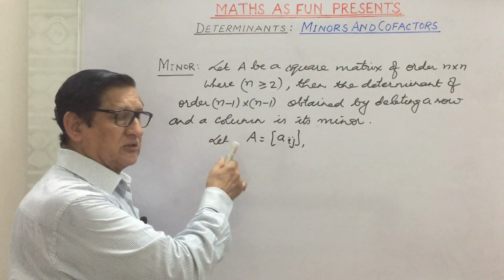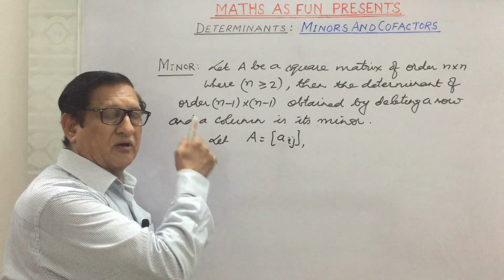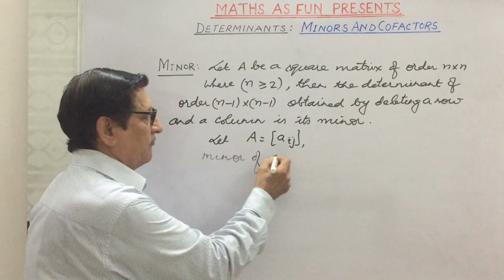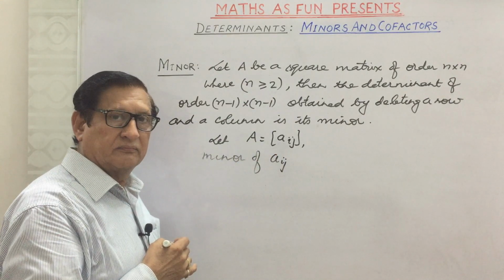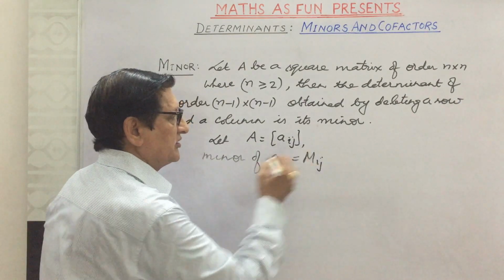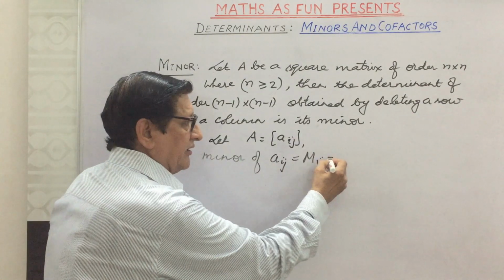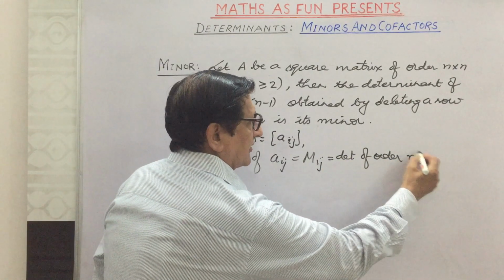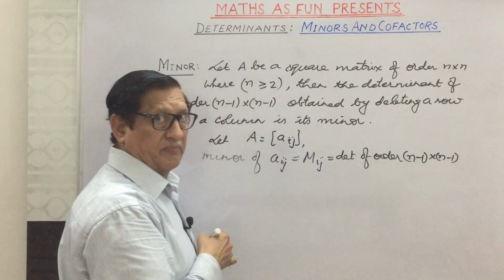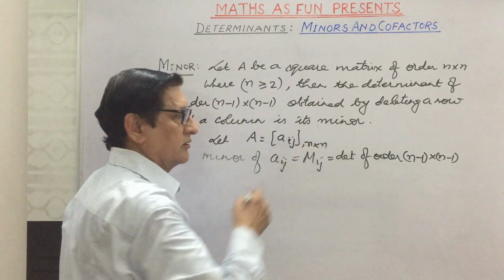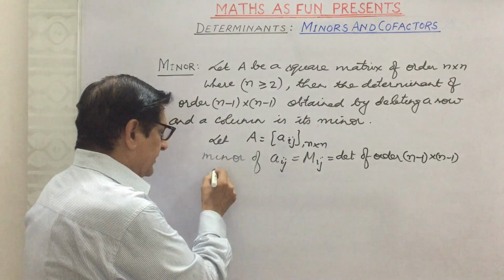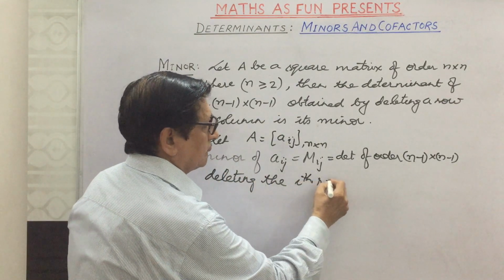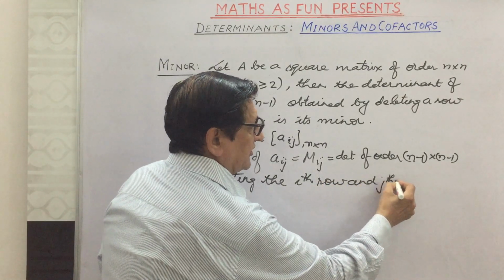If we want to find the minor of any element Aij, the minor of element Aij is represented by Mij, and that will be a determinant of order n minus 1 into n minus 1 if the order of A is n into n, obtained by deleting the ith row and jth column.